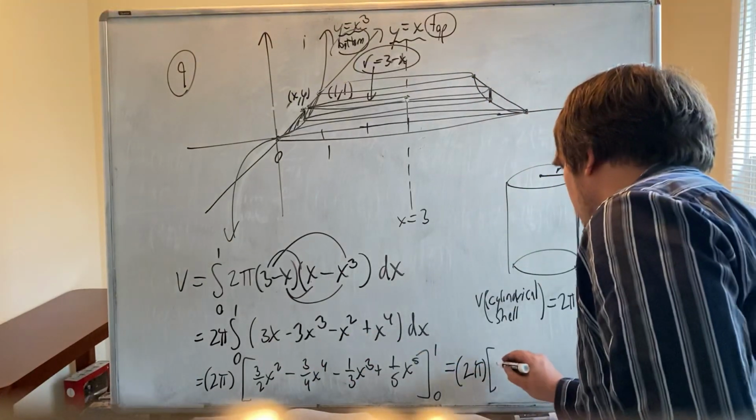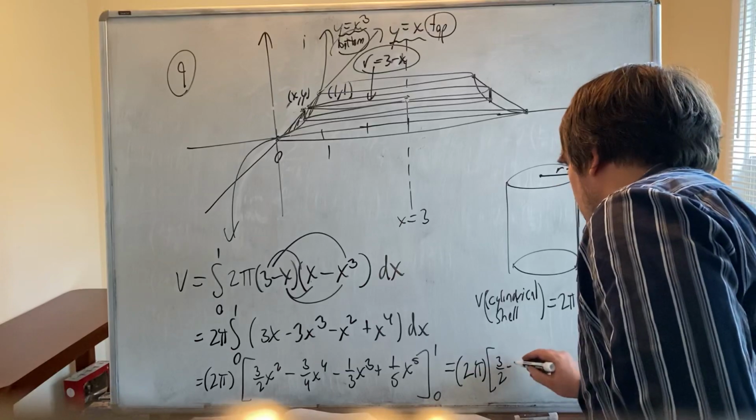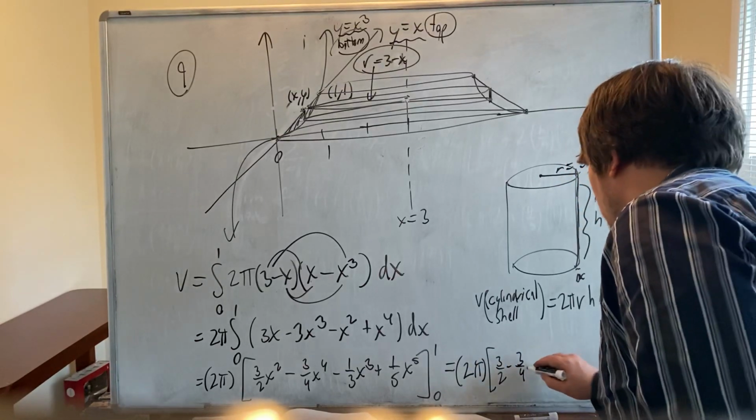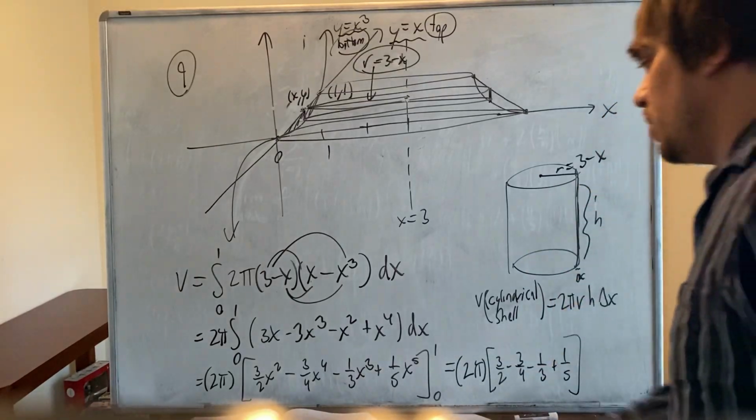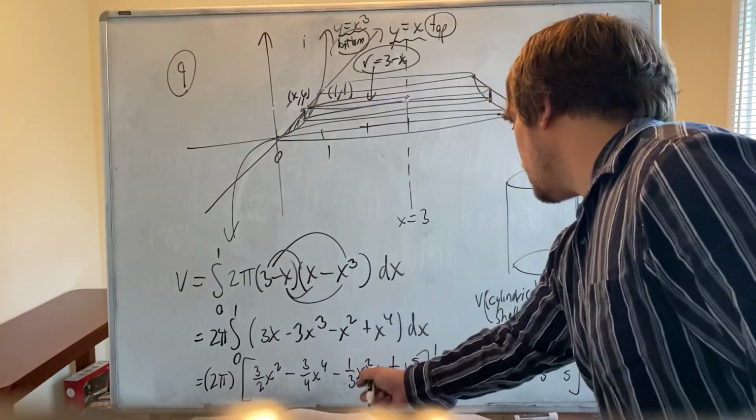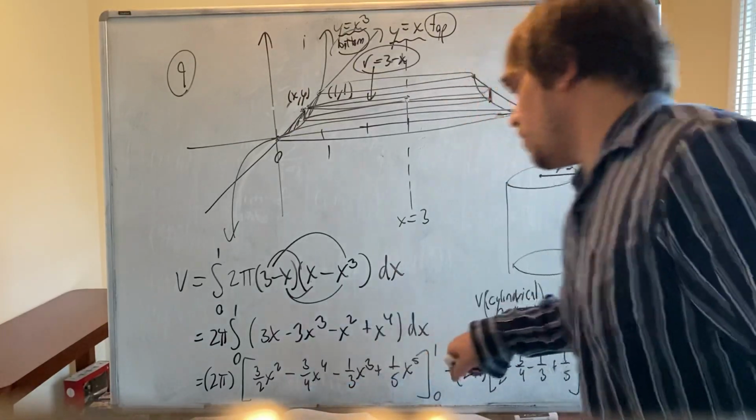So you get 3/2 minus 3/4 minus 1/3 plus 1/5, and then minus 0.